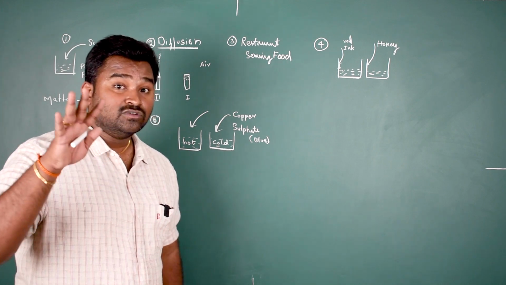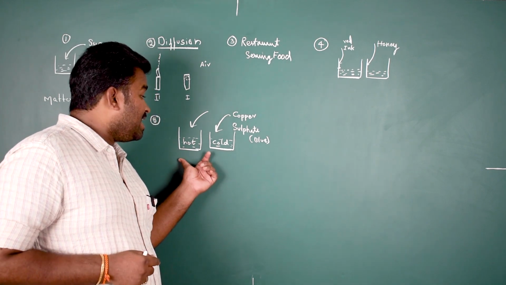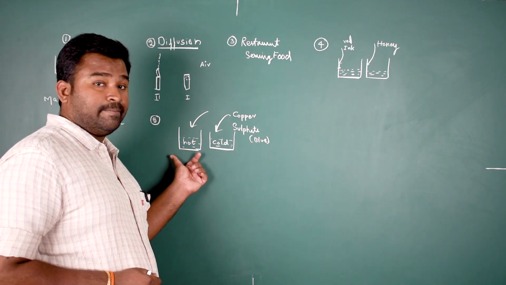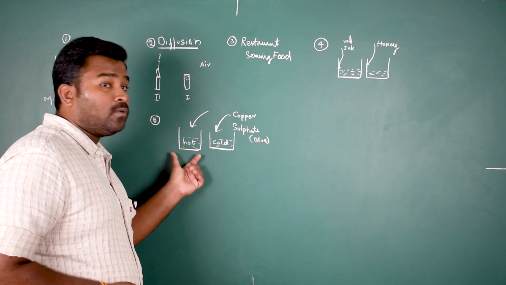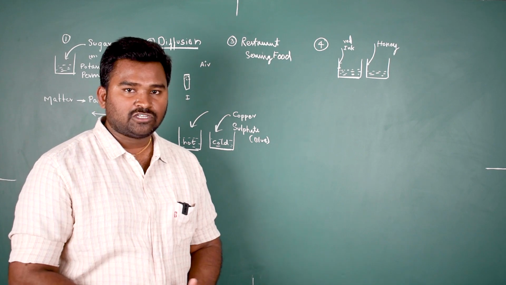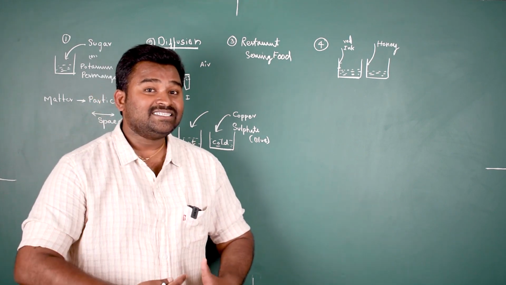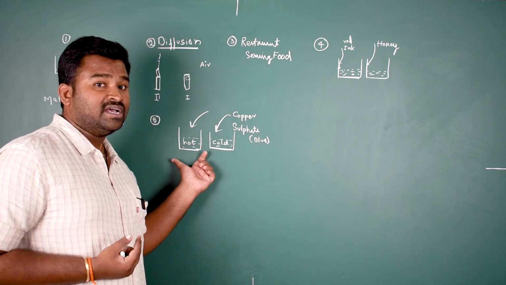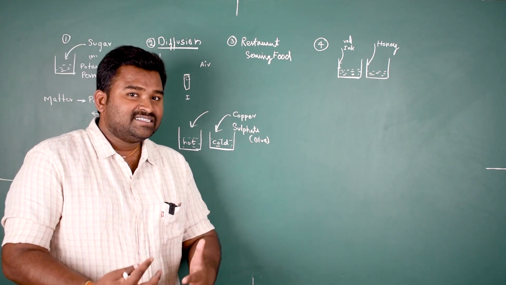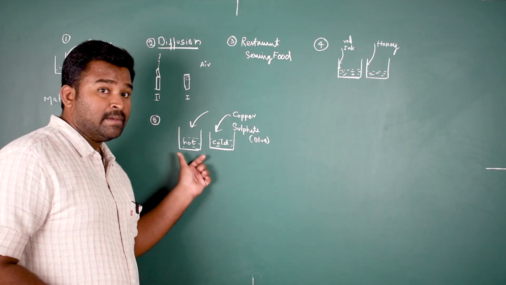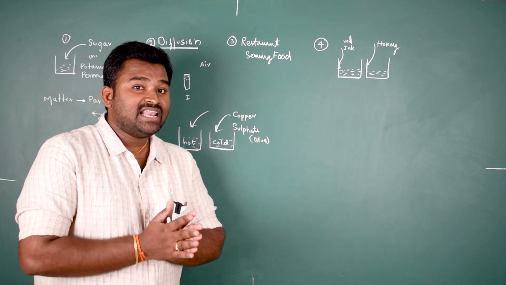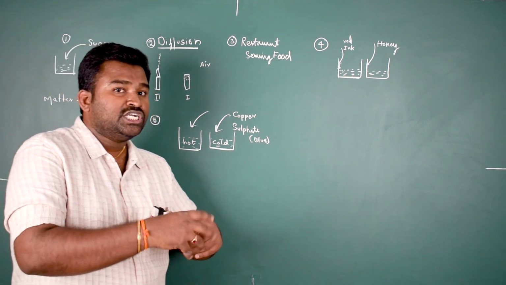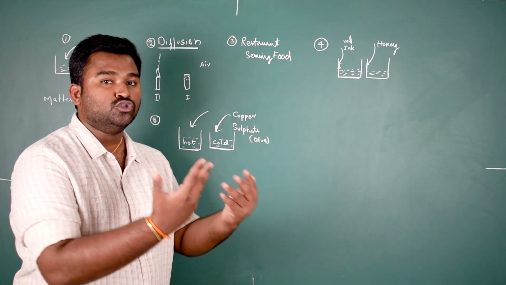And let me tell you something: whenever there is a change in temperature in a medium, hot water is also made up of particles of water. So if I'm increasing the temperature of the water, that means I'm actually increasing the kinetic energy of the medium. If I'm increasing the kinetic energy of the medium, that means they will have more ability to diffuse into other substances where there is no water.